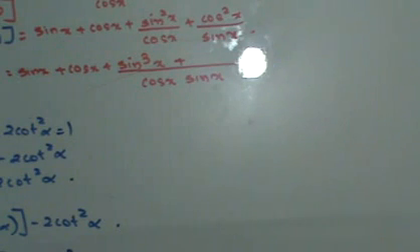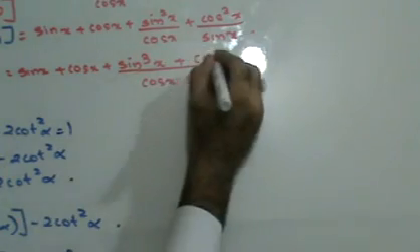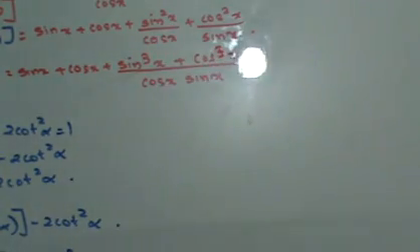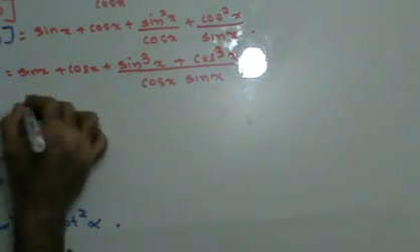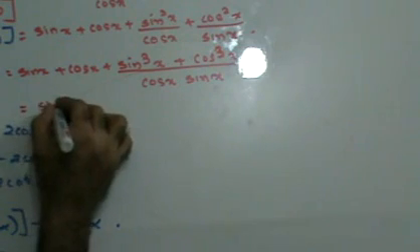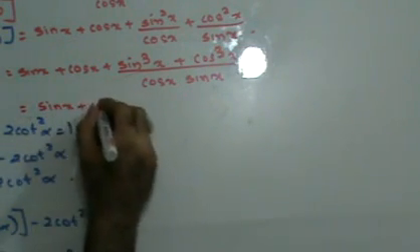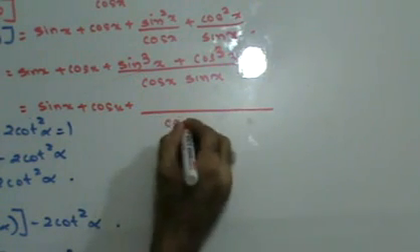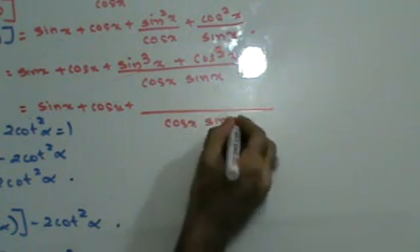Similarly, the second denominator, I need to multiply by cos x, so I will multiply the numerator also by cos x. That will give me cos cube x. Fine. This can be written as sin x plus cos x, common denominator is cos x sin x.